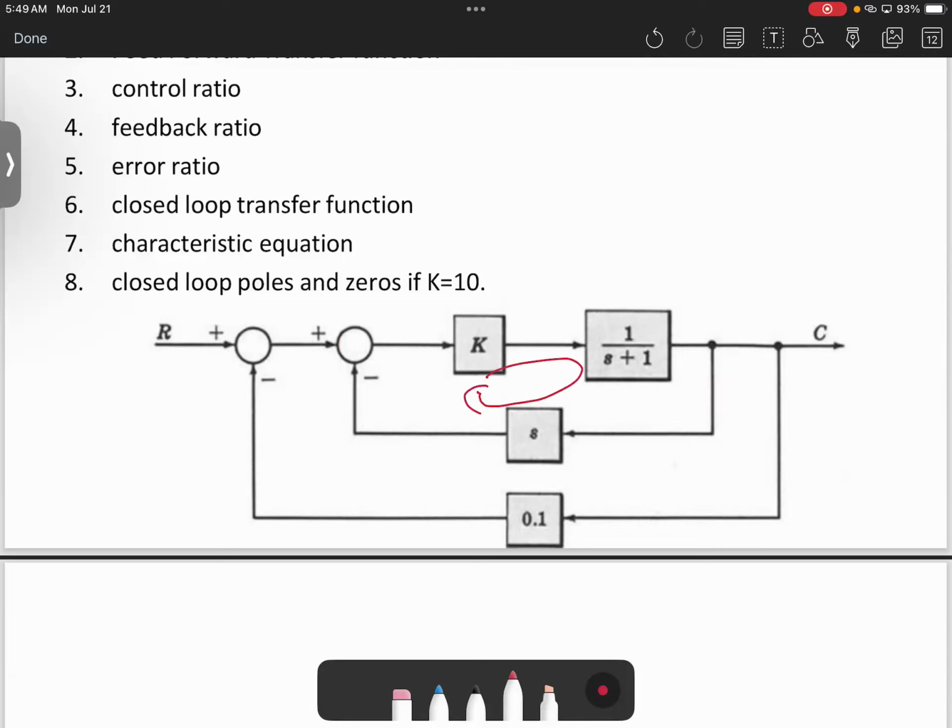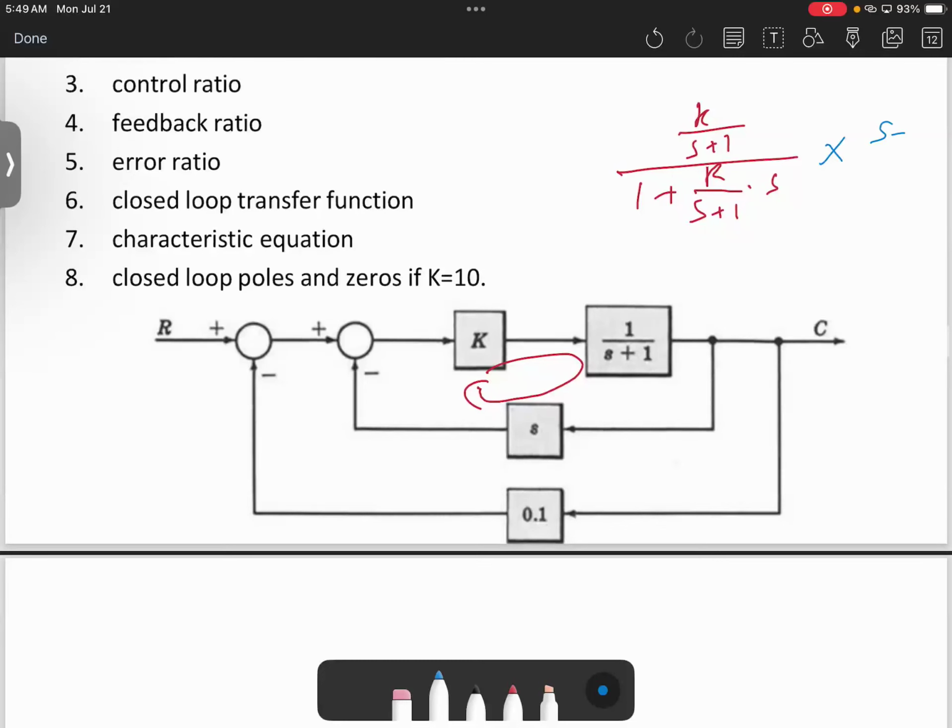do this loop. So it will be K over S plus 1 divided by 1 plus K over S plus 1 times S, right? And the common factor here is S plus 1 over S plus 1. This yields the transfer function to be K over S plus 1 plus KS.